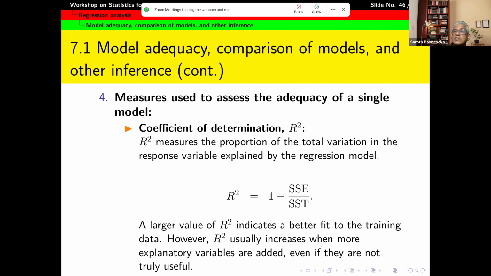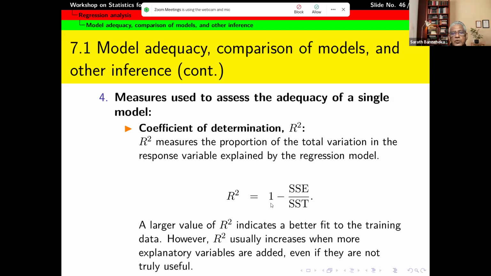So how much is that variation we can look at, and then we can look at the difference between the earlier variation and the variation in the residuals. So that difference will be the amount of variation explained by the regression model, right?